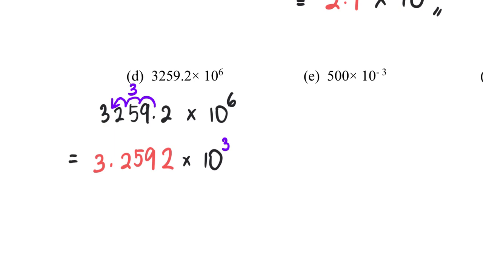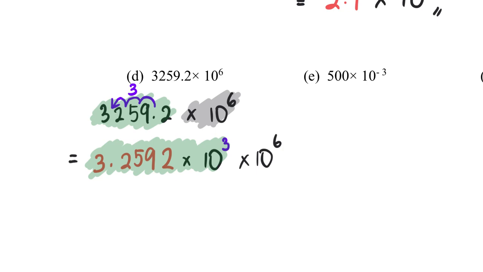So this number 3259.2, I have rewritten in standard form. And not forgetting my times 10 to the power of 6, I still need to write that down. This is already in the first part of the standard form.